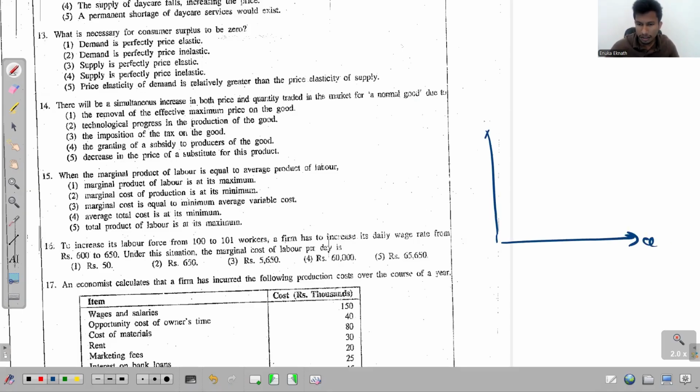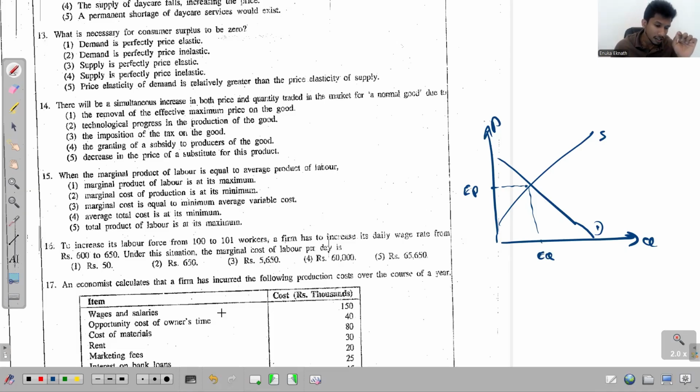The quantity axis, and then you get the price axis. Here you recognize this to be the demand curve. You get the supply curve here. So based on the demand and supply, the equilibrium price will be here and the equilibrium quantity will be here. But you need to understand one thing, that these are not the market price and the market quantities. This is the equilibrium price and the equilibrium quantity.